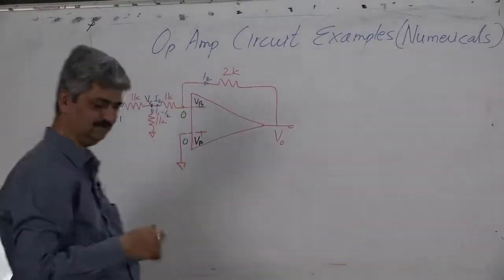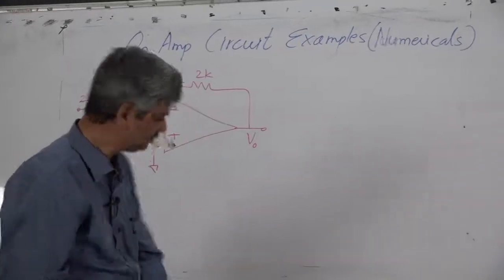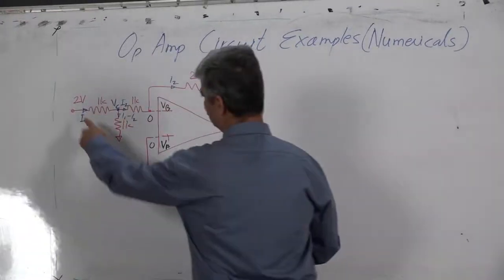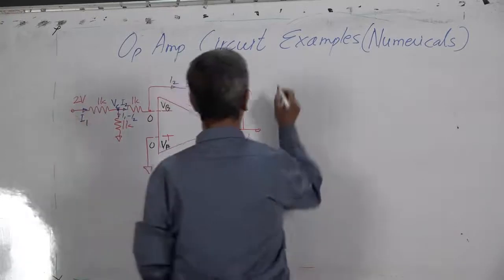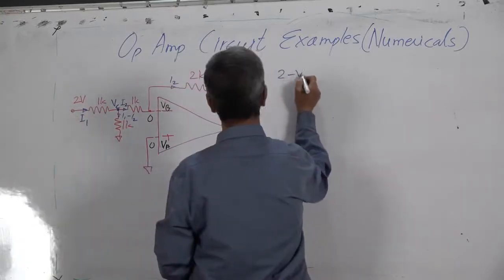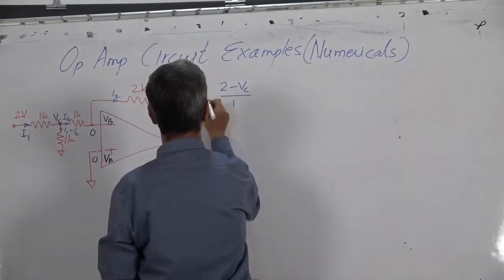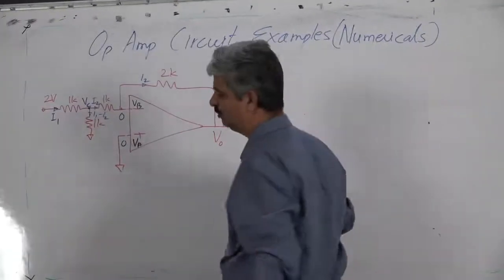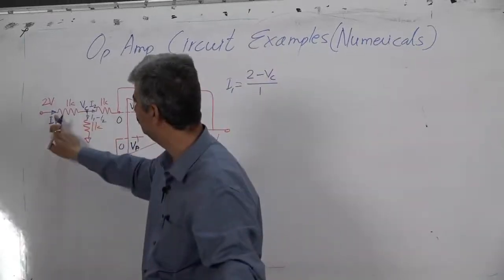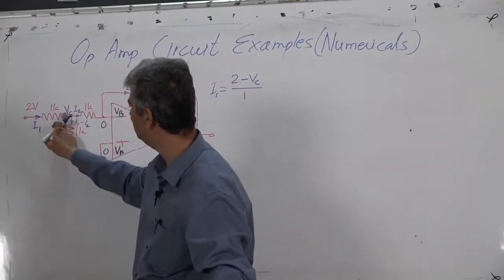So how do we calculate? Go step by step. First, I1 is equal to 2 minus Vc upon 1.